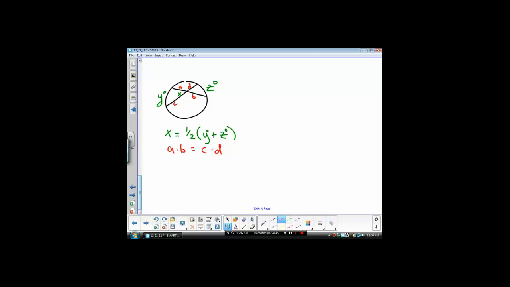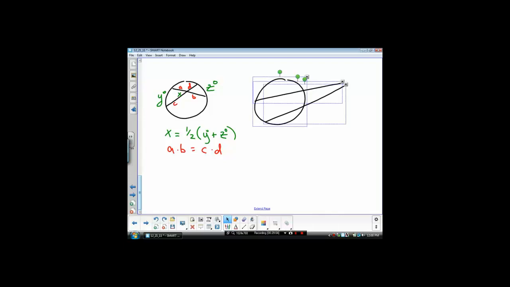Now, if we have two secant segments, we know two things about this diagram as well. If I can manage to get things so that they connect.